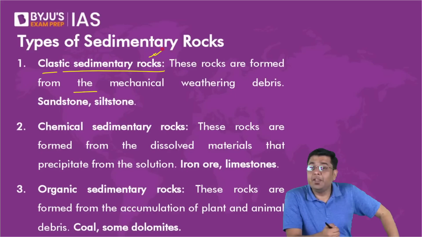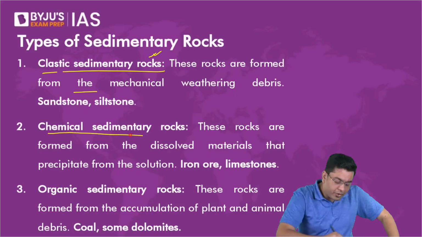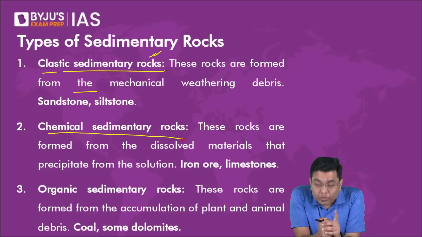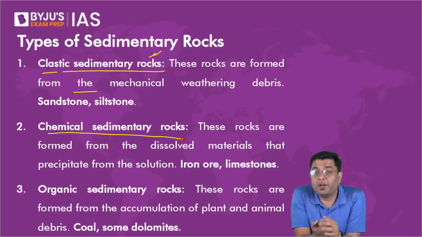Now, then you have chemical sedimentary rock. What are chemical sedimentary rocks? Those sedimentary rocks which have been created due to any kind of chemical reaction taking place. So here, let me tell you about the formation of iron ore deposits that you find on the surface.